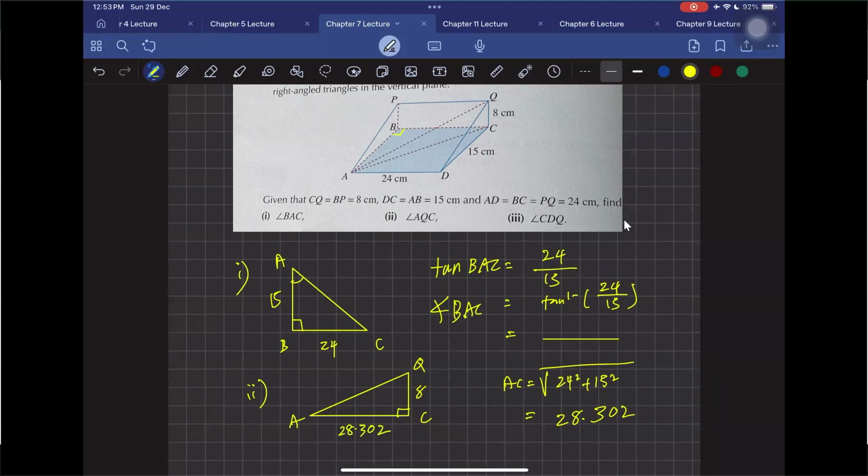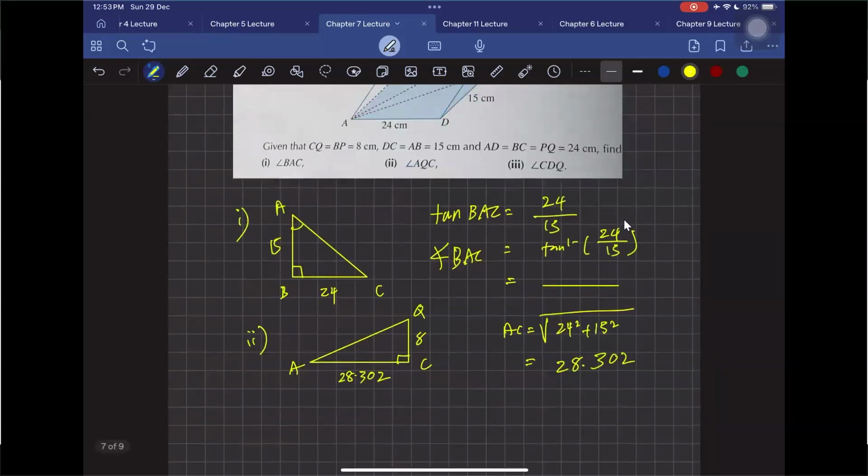Okay. So once you have these two details, you can find your angle AQC. Again, just use tangent. So angle AQC equals tangent inverse opposite 28.302 over 8. Okay, then you'll get your final answer.